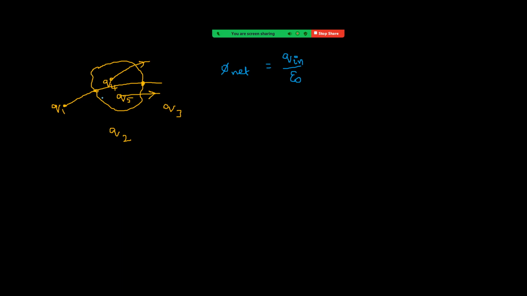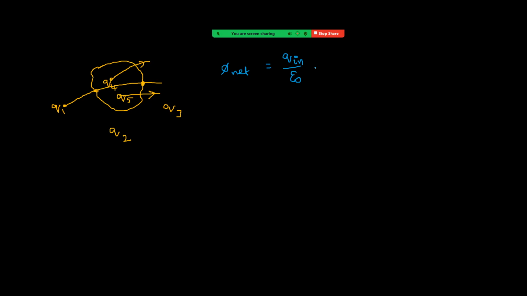When you are taking a closed surface, the net electric flux through that surface is given by net charge inside upon epsilon naught. Why only net charge inside? Because we know that due to outer charges, there is no net flux through a closed surface.